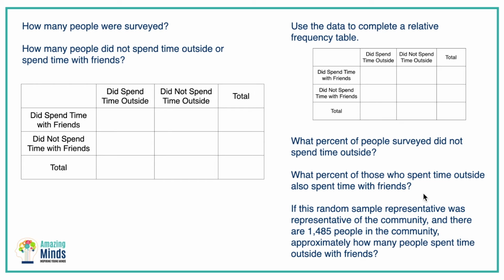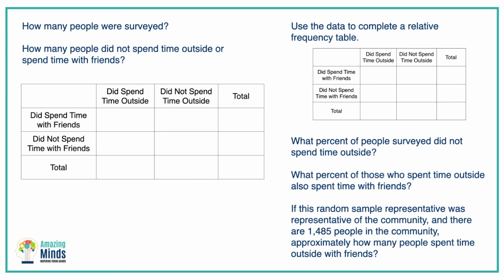So notice the different types of questions. One is what percent of people surveyed did not spend time outside. So they're finding the percent of the whole. But in the next question, it's the percent of a part. What percent of those who spent time outside also spent time with friends? So you want them to start to understand how to work with those numbers.